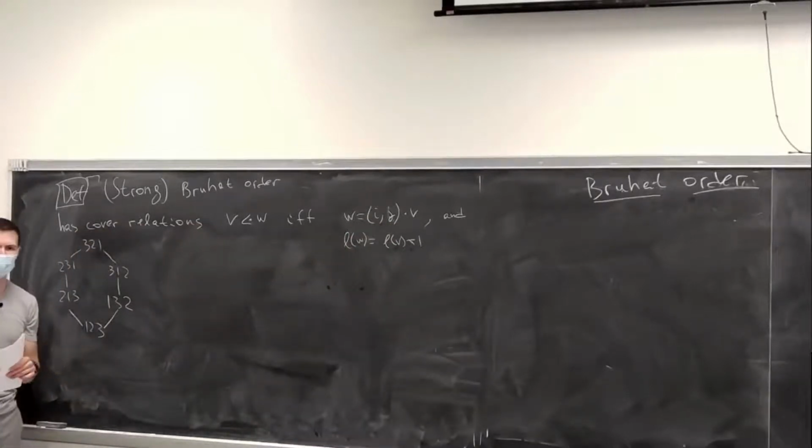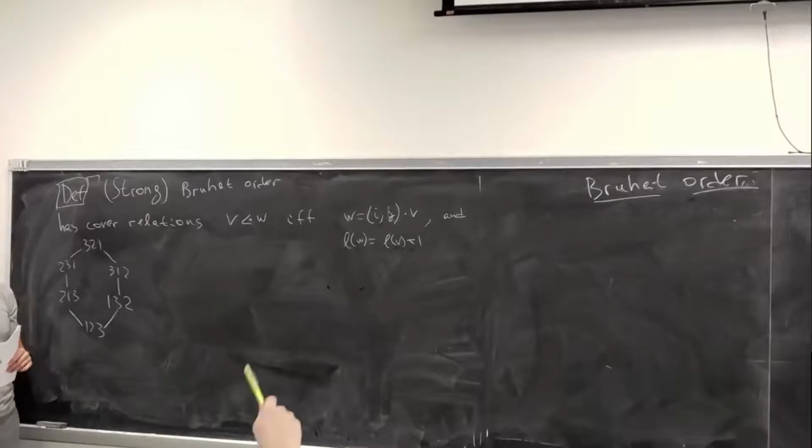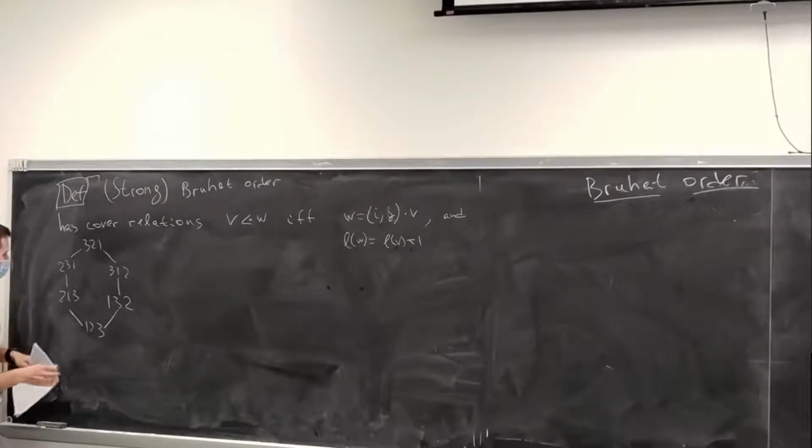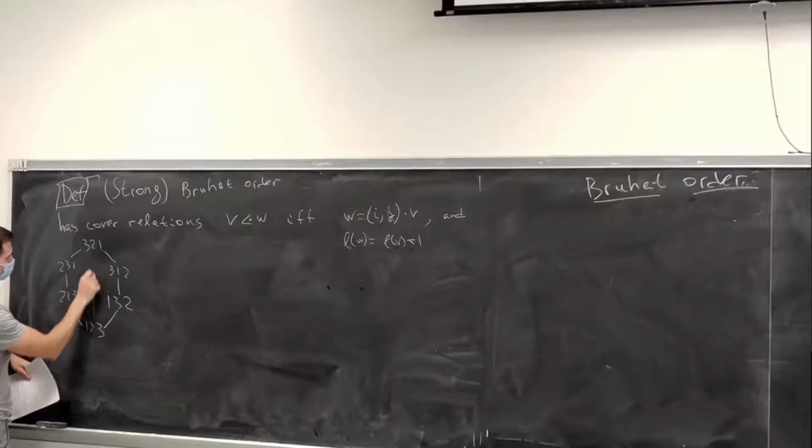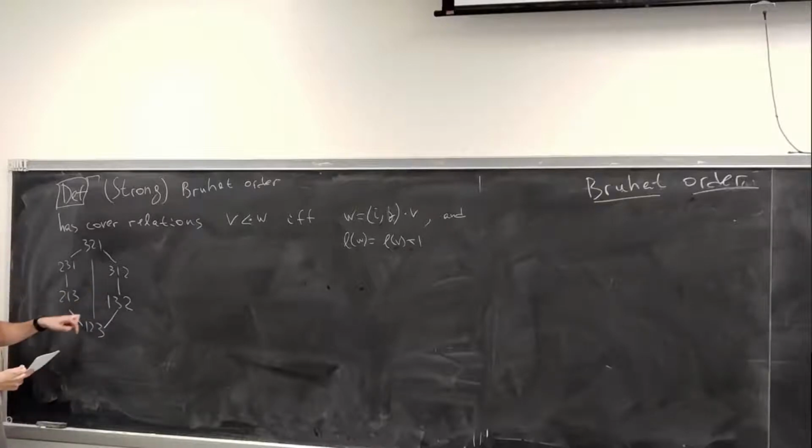Do I get anything else, or is it just a vertical line? Okay, I get a vertical line like this. But notice that this is not a covering relation, because I already know that 1 3 2 is less than 3 1 2, because there is a chain of inequalities.